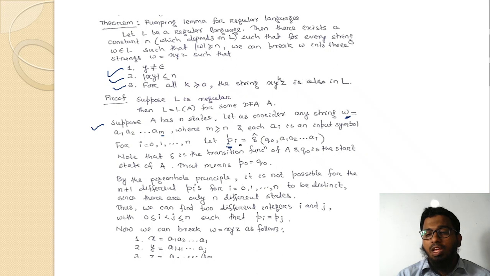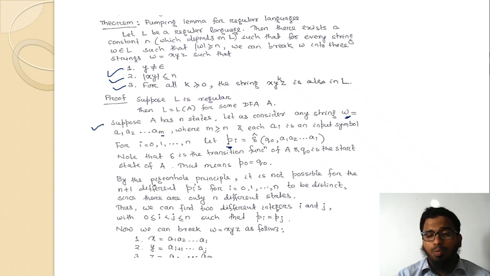Define pi as delta of q0, a1, a2, and so on up to ai. Note that delta is the transition function of A and q0 is the start state of A, so p0 is equal to q0.